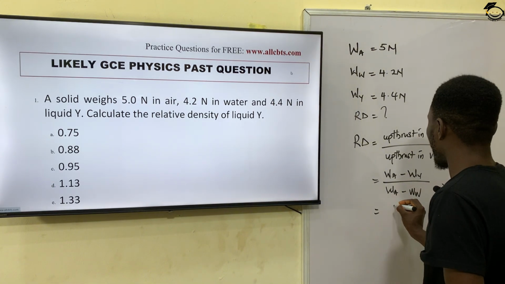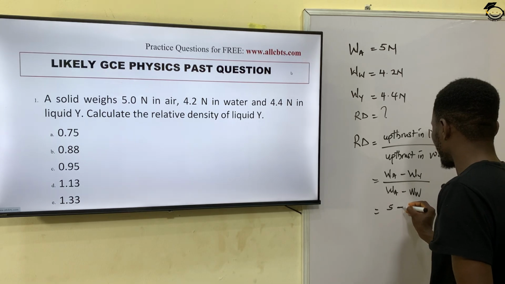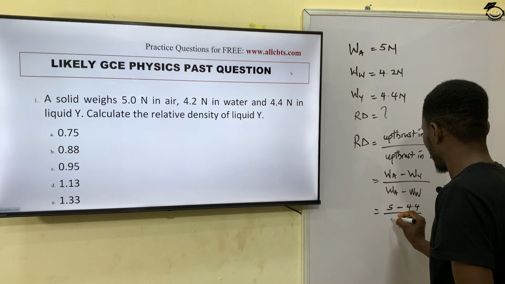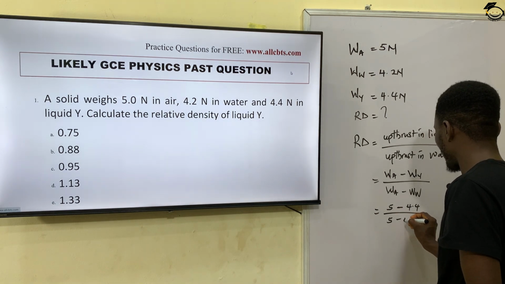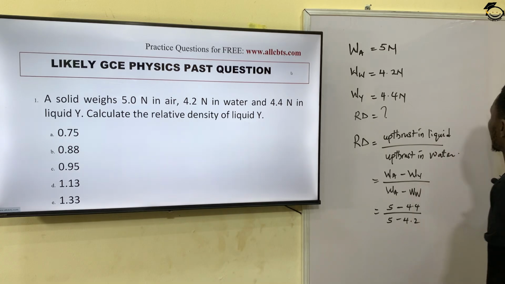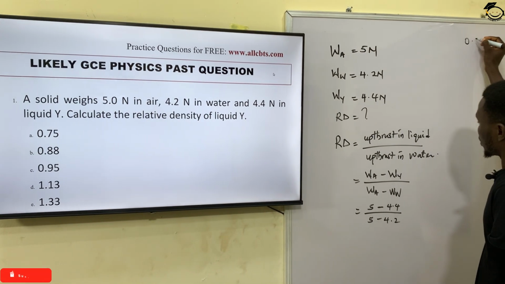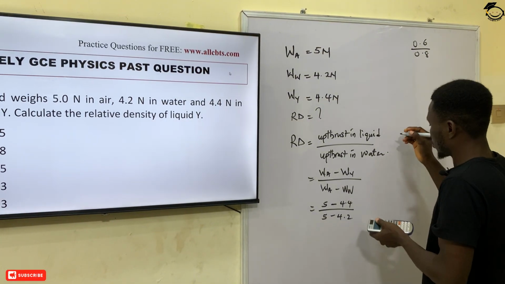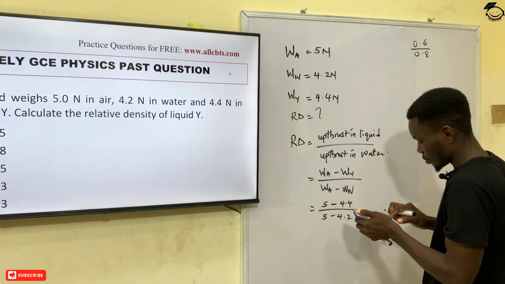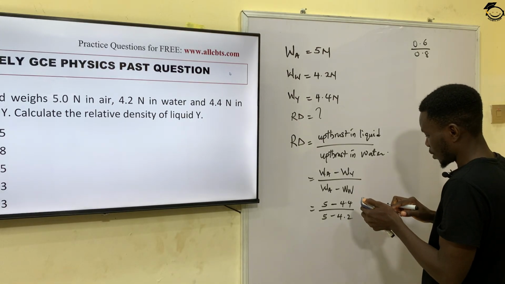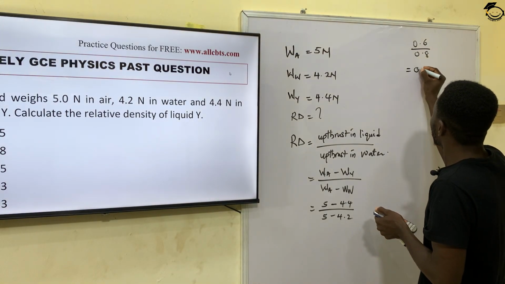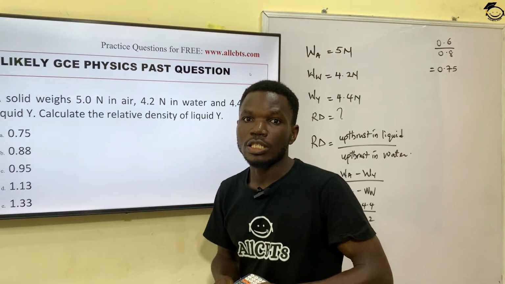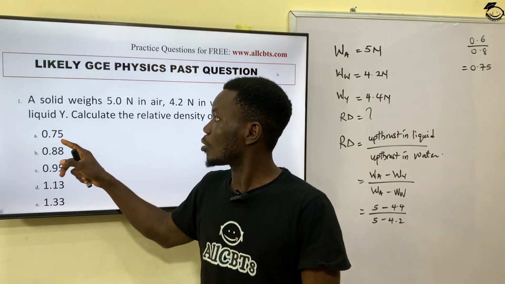That is the same thing as saying I have 5 minus 4.4 divided by 5 minus 4.2, and that will give me 0.6 over 0.8. So if I divide, that will give me 0.75. It means that the relative density here is 0.75, which is option A.